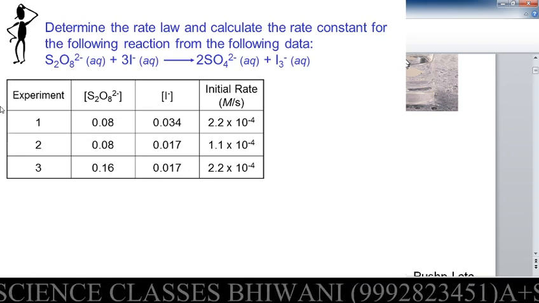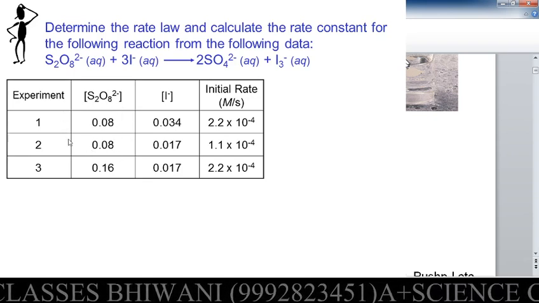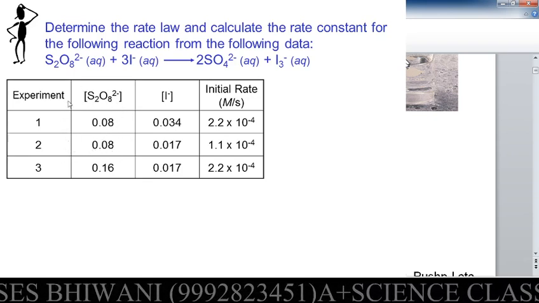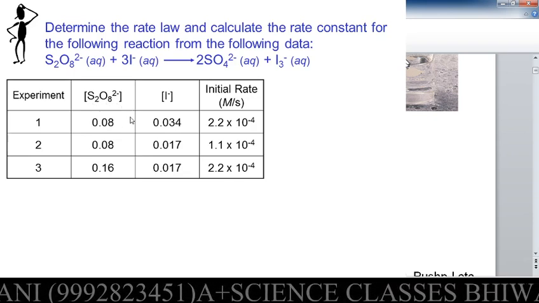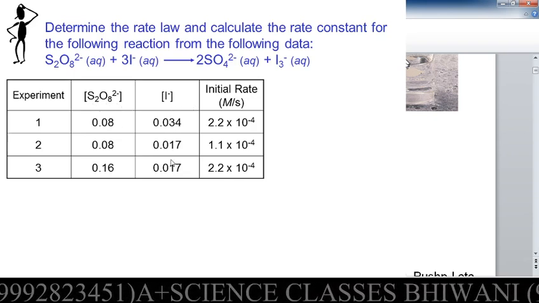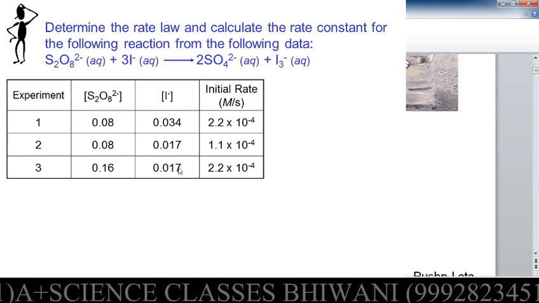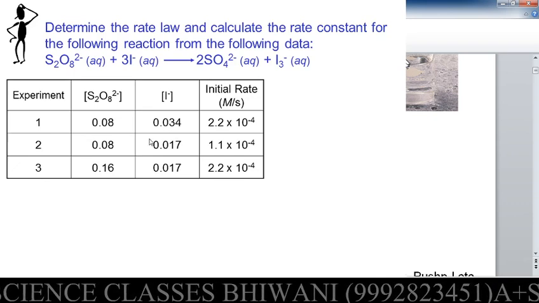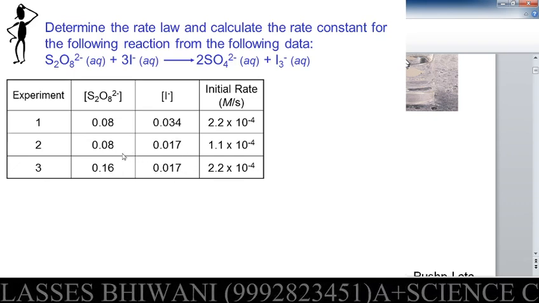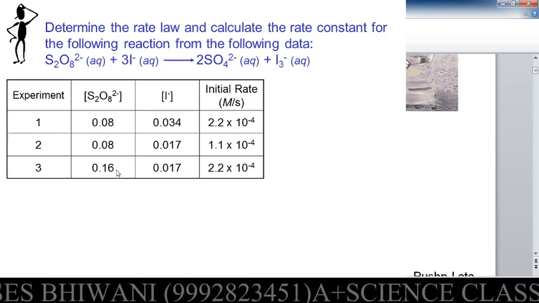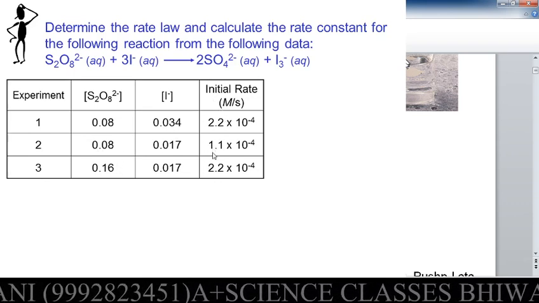If you observe clearly, 0.08, 0.08, it means for experiments 1 and 2 the concentration of H2O8 is constant, and for I negative, experiments 2 and 3, the value is constant. So you have to study the variation of these experiments with their concerned reactants and rates.